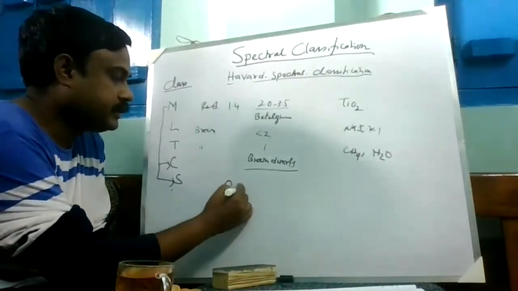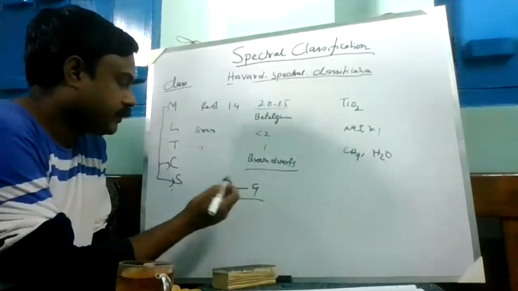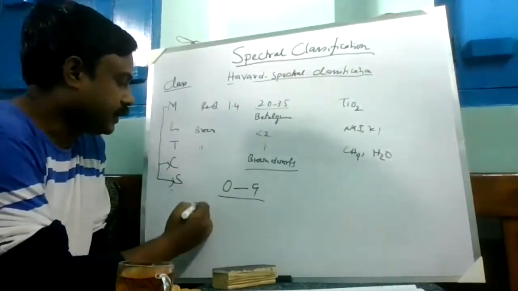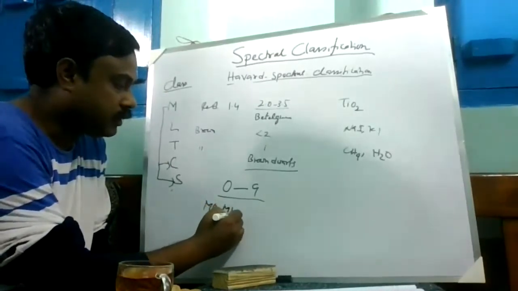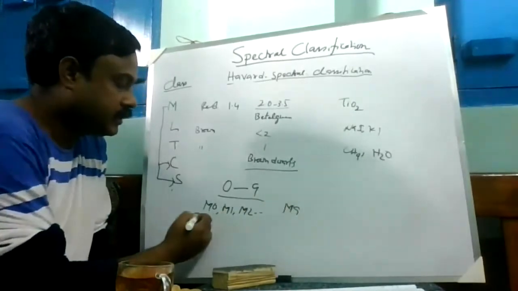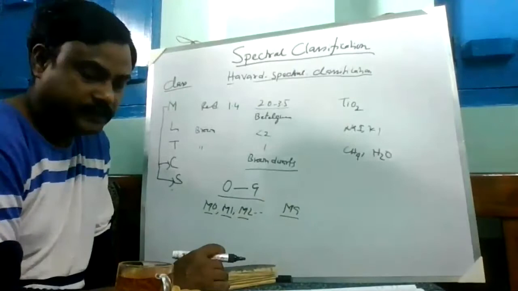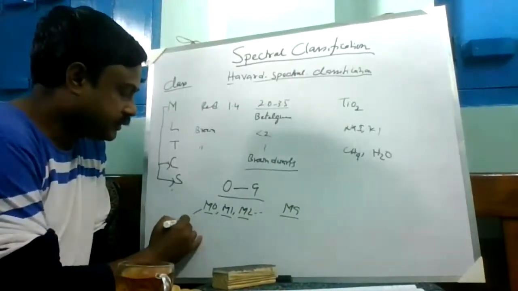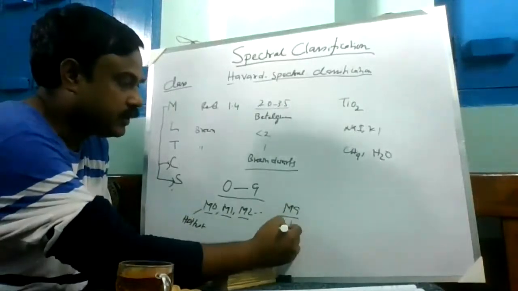Say for the M class, M0, M1, M2, up to M9. This is done because of the temperature variation. So this is hottest, and this is coolest.